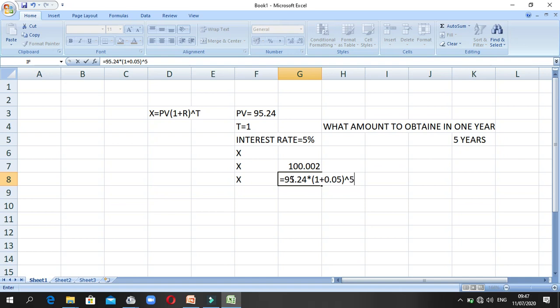This is the time. So you can get this in 5 years. If you have the present value today, you will get this. That is how we calculate that.